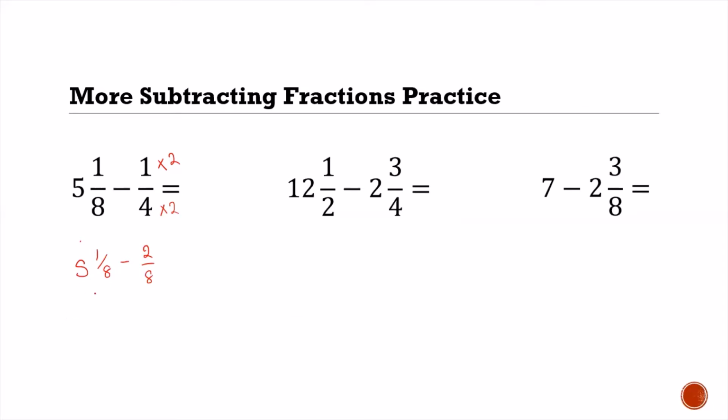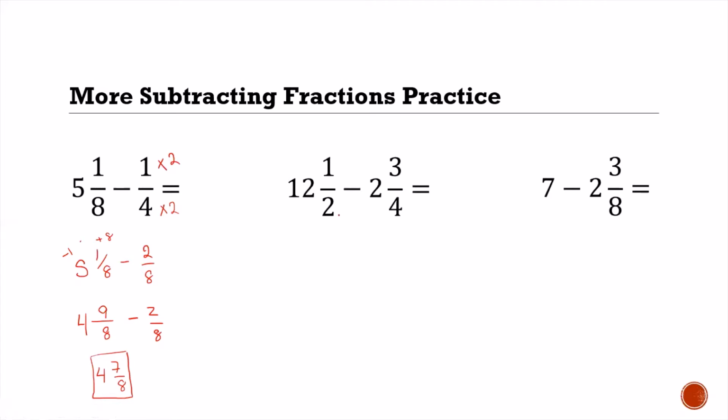I have to turn this into another type of fraction. So 5 1/8 is the same as 4, still with an 8 on the bottom. I'm going to subtract 1 from the whole number, and I'm adding 8 into the numerator. So 4 and 9/8 would be the same. You'll always get an improper fraction in the middle here when you borrow. Minus 2/8 leaves me with 4 and 7/8.